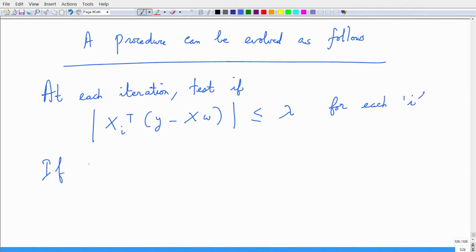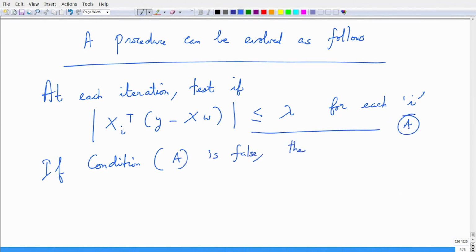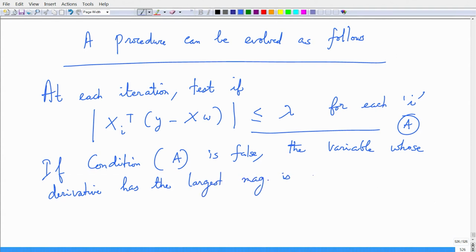So, I call this condition A. If condition A is false, then the variable whose derivative has the largest magnitude is added to the free set.